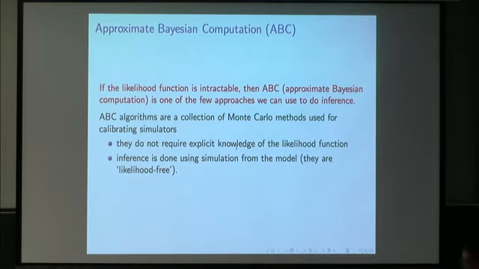Because we don't need the likelihood function, they're sometimes called likelihood-free methods. That's a poor name as well, because they're not likelihood-free. There is a likelihood function. It's just we're only using it implicitly via the simulation. We're just not using it explicitly to do a Metropolis-Hastings sample or anything like that. So ABC, I think it's a nice title for it.